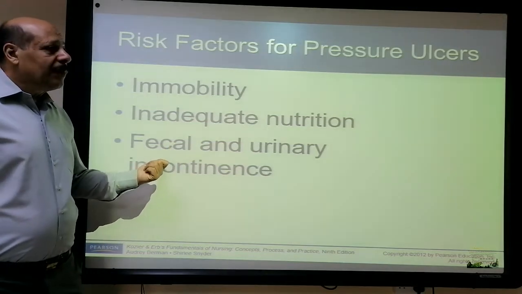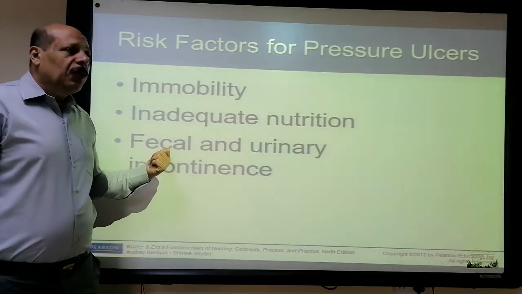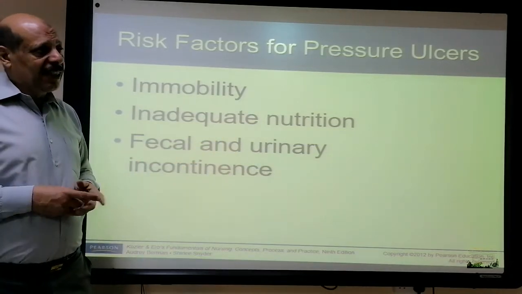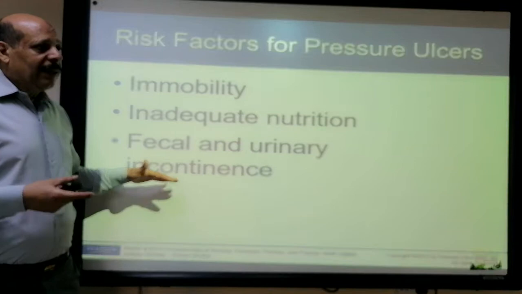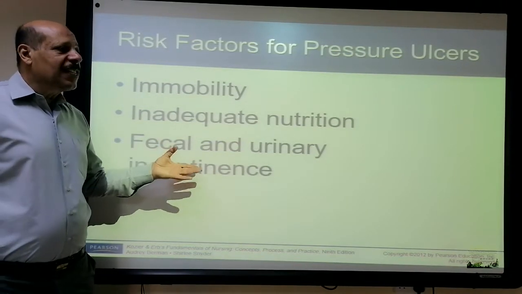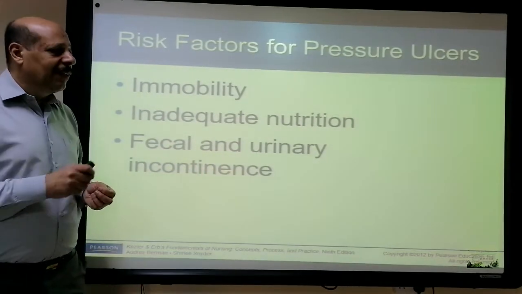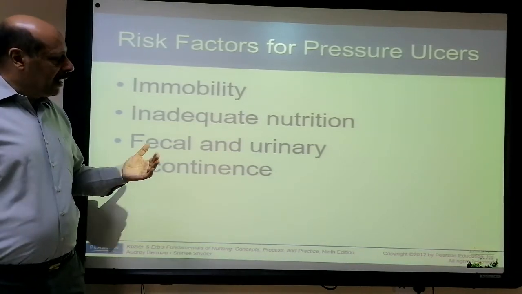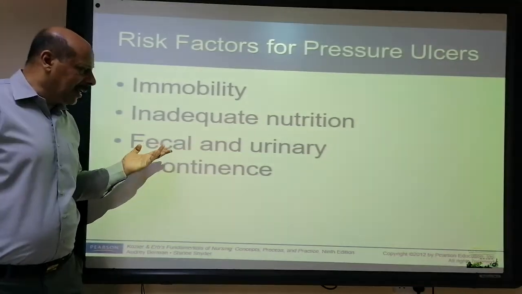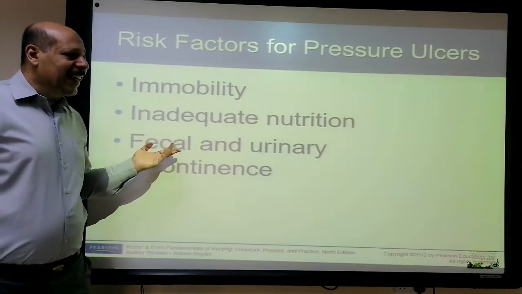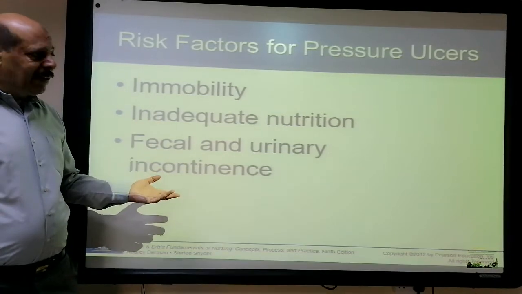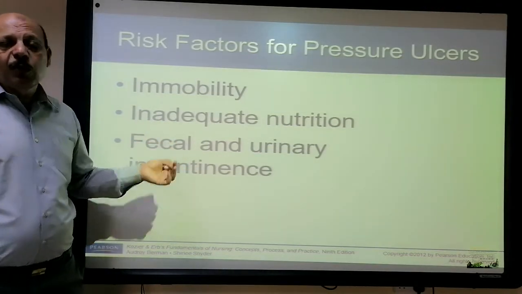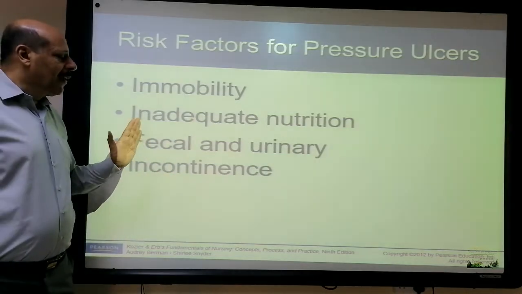And also, urine and feces contain digestive juices, digestive enzymes. Those digestive enzymes also act on the skin, and will lead to breaking down of the skin if we do not keep the skin dry and clean. In this case, the possibility of forming a bed sore will be very, very high.